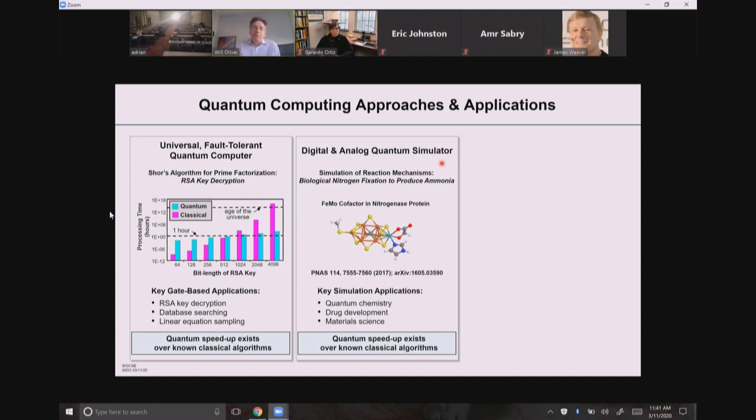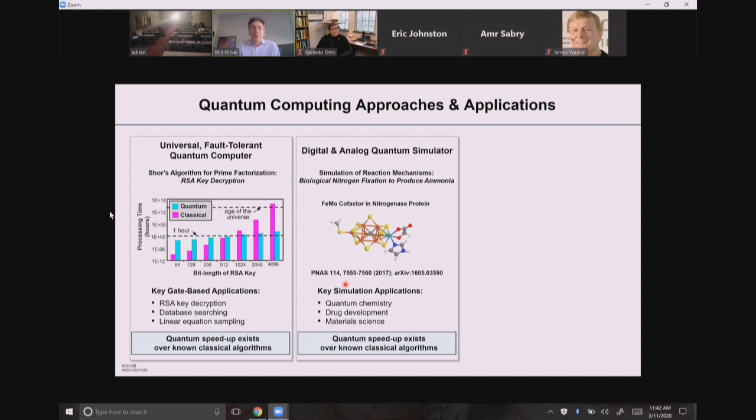Now, in the nearer term, I should say that's the farthest off, the blue sky vision. In the nearer term, what we envision is having digital and analog quantum simulators, which are basically ASIC-like, application-specific, designed for a task. One example given here is the biological nitrogen fixation problem to produce ammonia. It's one example of a quantum chemistry problem, drug development, material science.